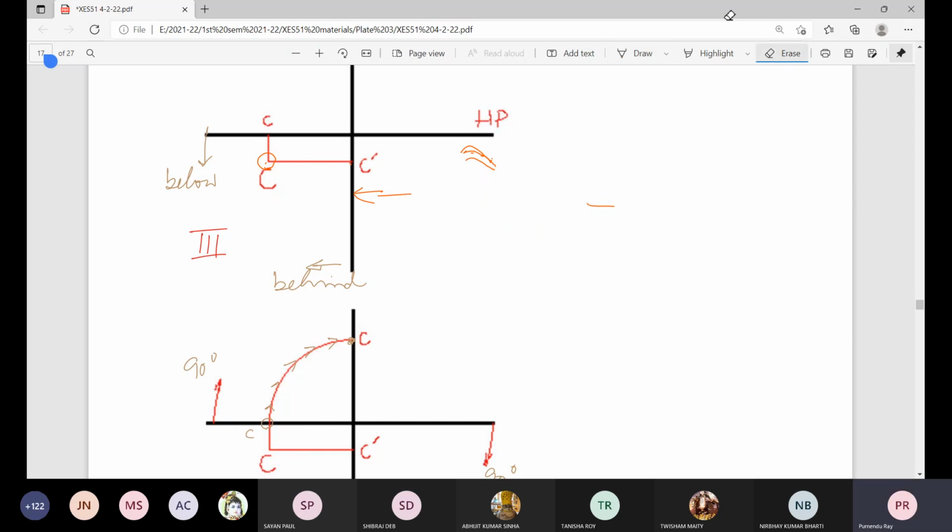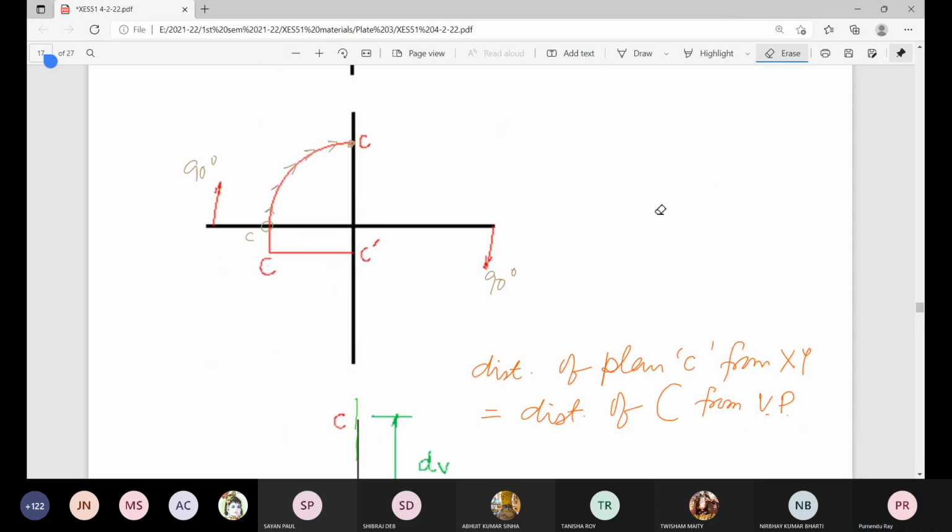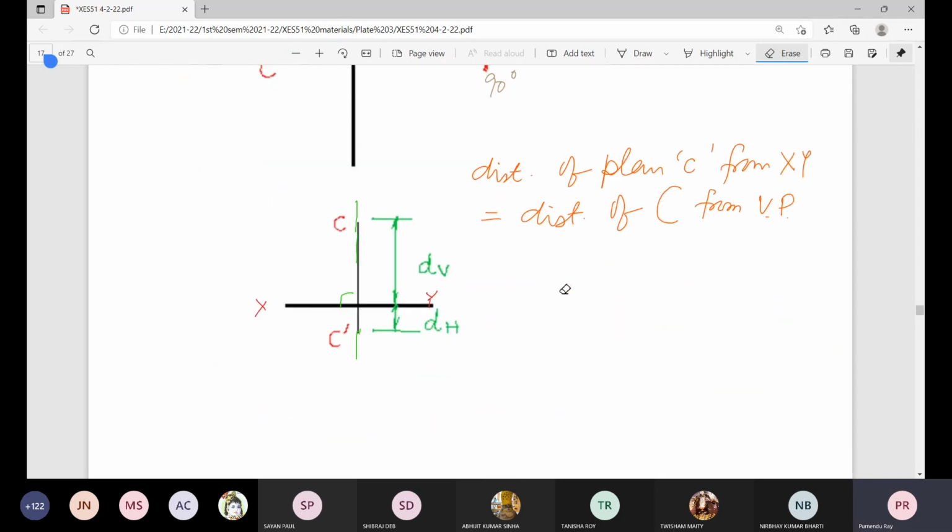But anyway, for first angle and third angle, things are convenient for us because those are indicated at distinct locations, not on the same side of the ground line.